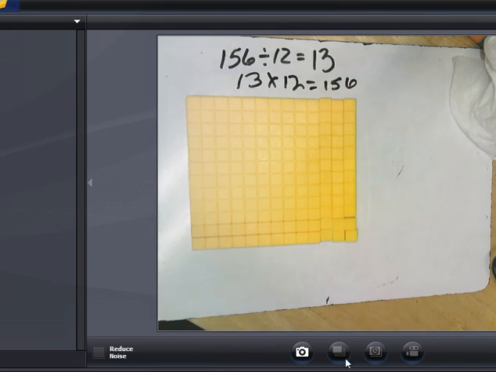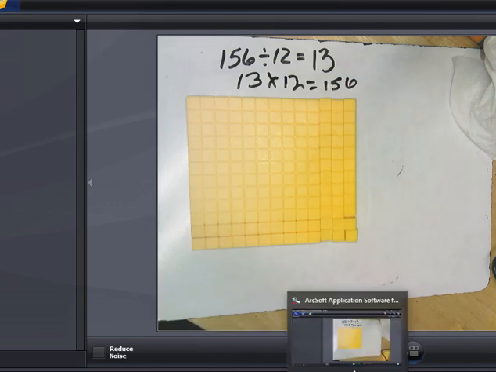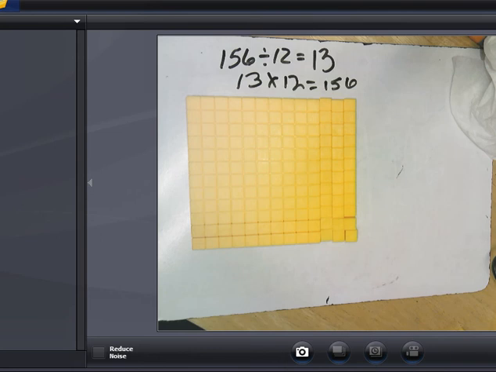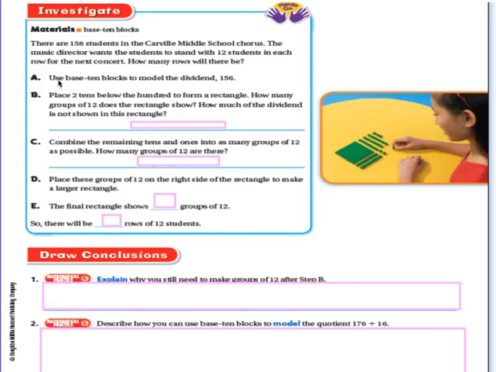So now let's go back to the worksheet and see what that looks like. With your model in front of you, the way we just did it, we placed those and we had 10 groups of 12. And then we had 36 left over.